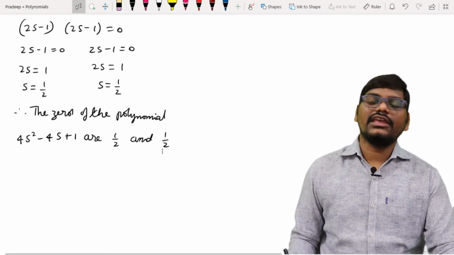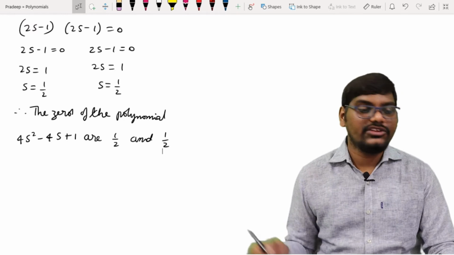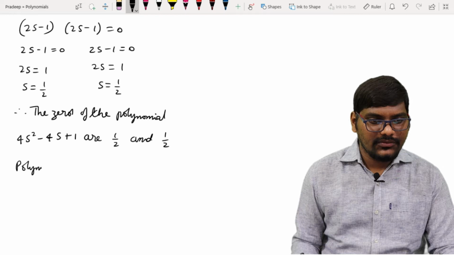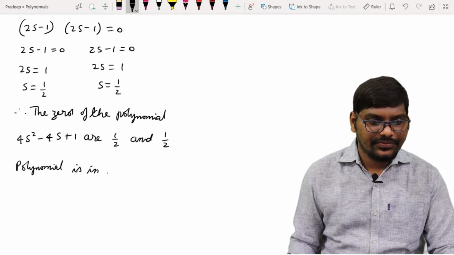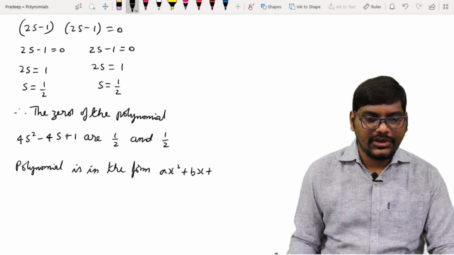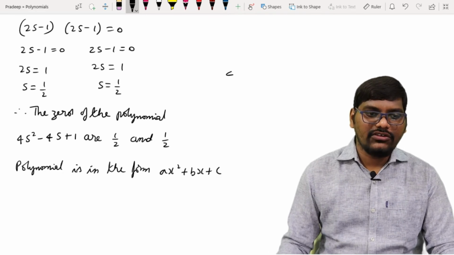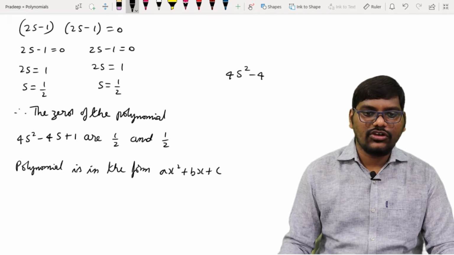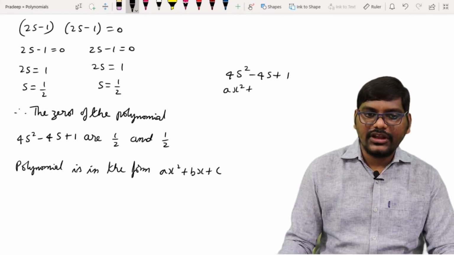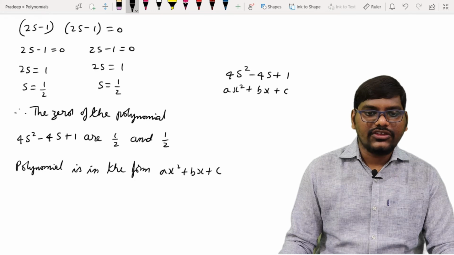As the given equation is a quadratic equation, what will be the general equation for this? I can write the polynomial in the form ax square plus bx plus c. The given equation is 4s square minus 4s plus 1, and the general equation is ax square plus bx plus c.